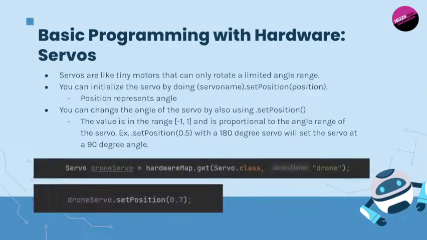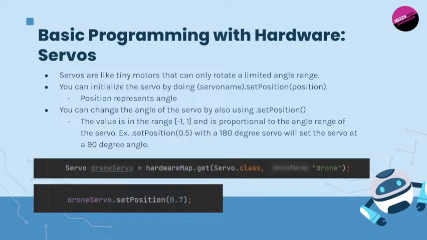So that's motors. Servos are like tiny motors, but you can have more of them in FTC. The main drawback to using servos is that they have a limited angle range, and they're less powerful than motors. You can initialize the servo in a similar fashion using the hardware map, which we'll also go over at the end.